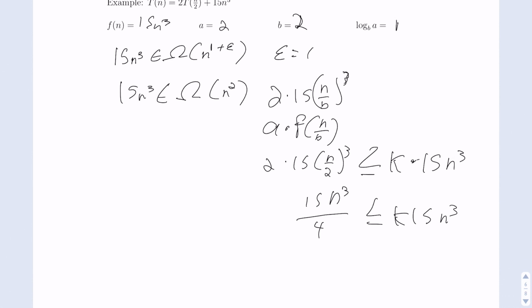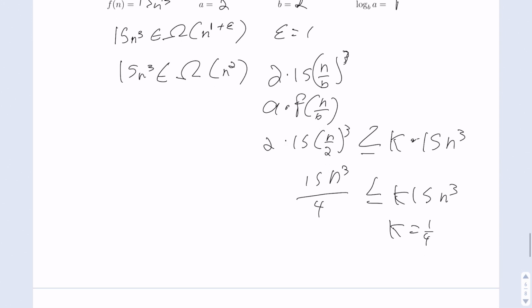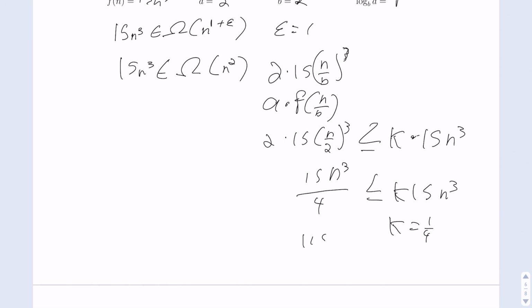And so here right away we can see we can make k equal to 1/4, and then we have 15 n cubed over 4, which is less than or equal to 15 n cubed over 4. Regularity condition is met because our 1/4 is less than 1.